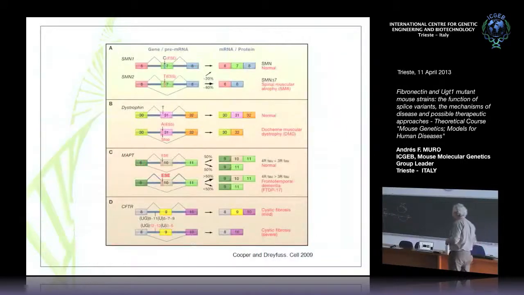So it is known that some of the genes, for example, this is the microtubule-associated protein tau, in which in the normal case you have a ratio between inclusion or exclusion of this exon, exon 10. When there is a point mutation that affects the splicing efficiency through an exonic splicing enhancer, then there is a variation in the splicing rate, and this leads to disease.